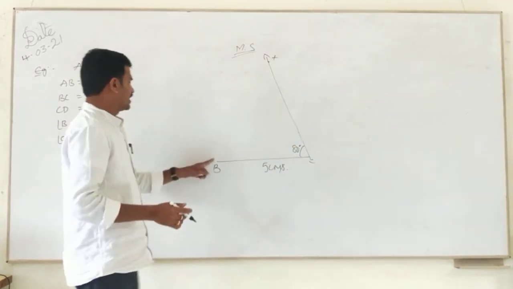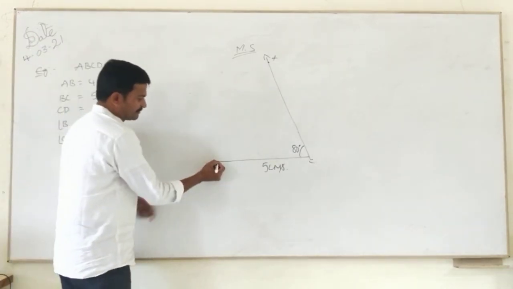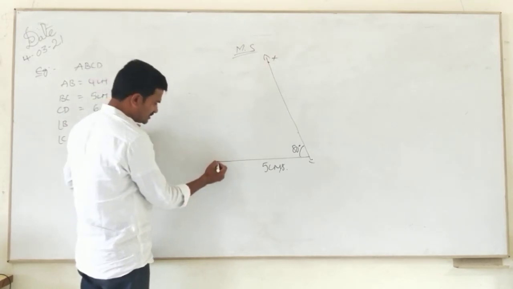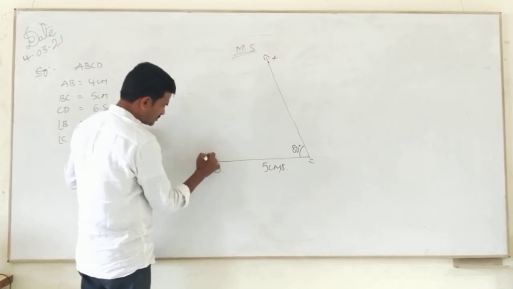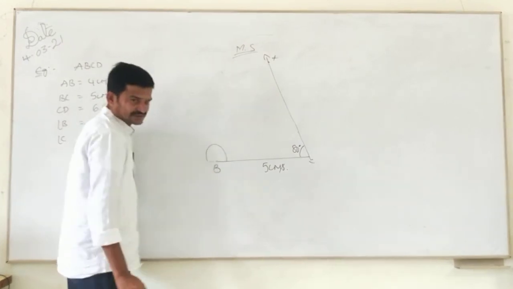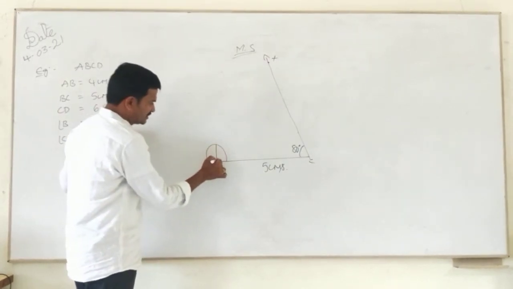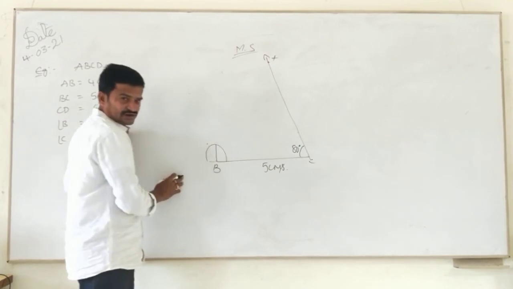Angle B how much? 105 degrees. From B, 105. Keep the protractor. 105 means 90, 95, 100, 105. This is the point that will come.